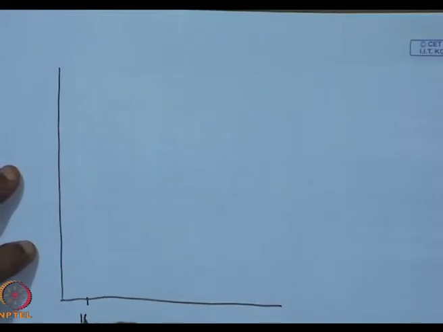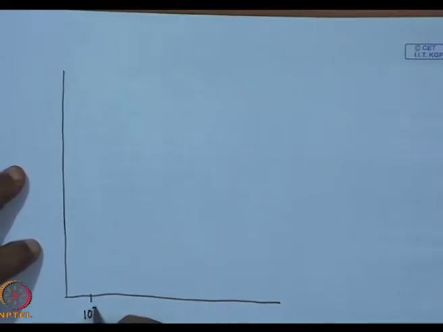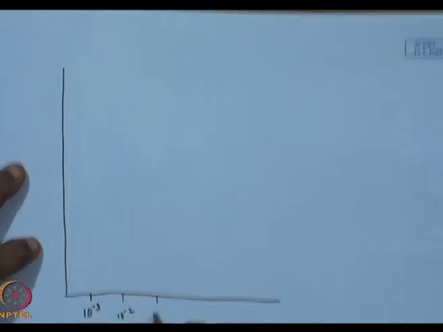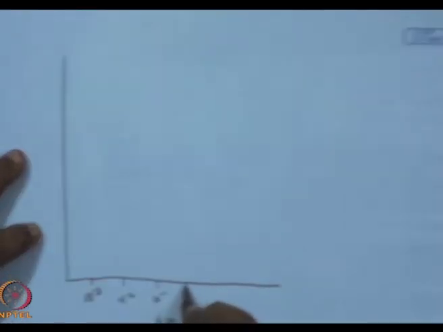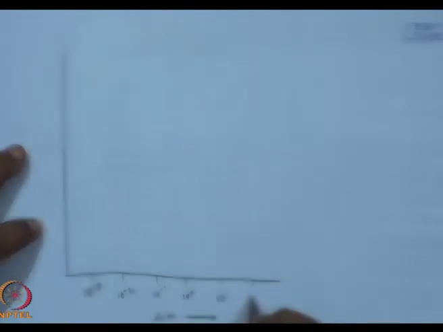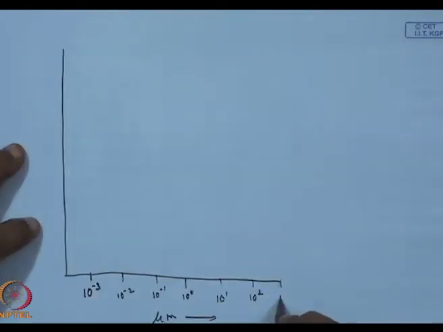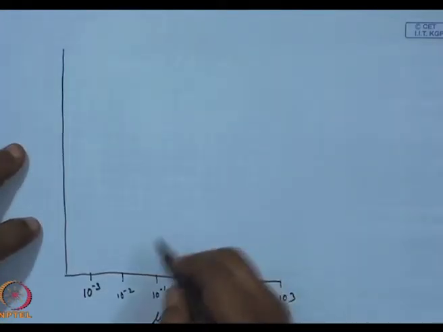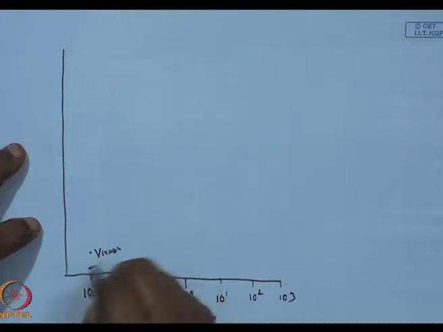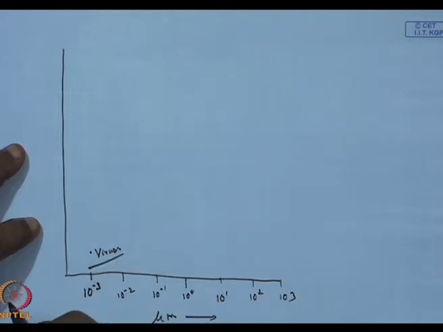This is 10 to the power of minus 3, 10 to the power of minus 2, 10 to the power of minus 1, 10 to the power of 0, 10 to the power of 1, 10 to the power of 2, 10 to the power of 3. Viruses are somewhere over here.